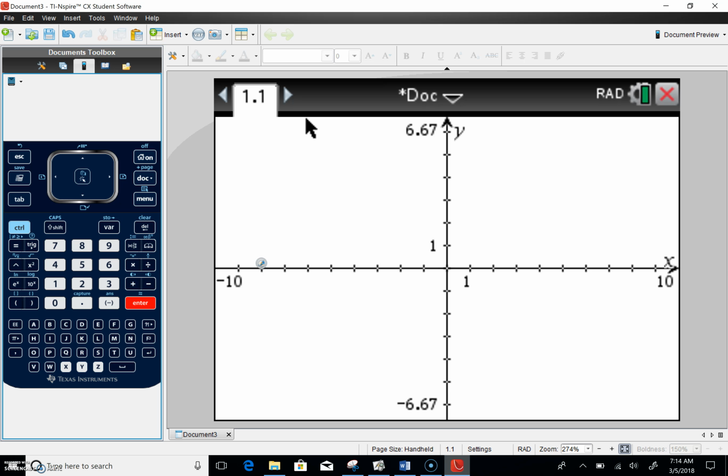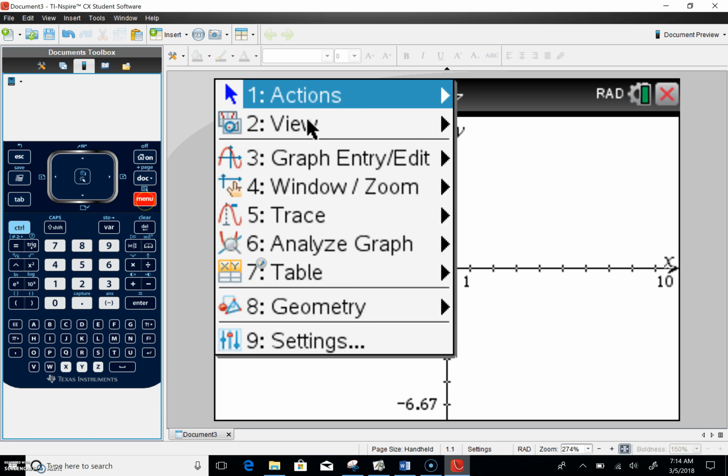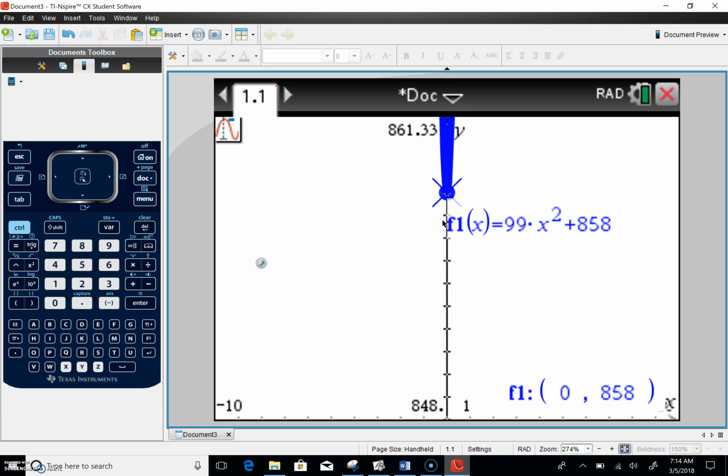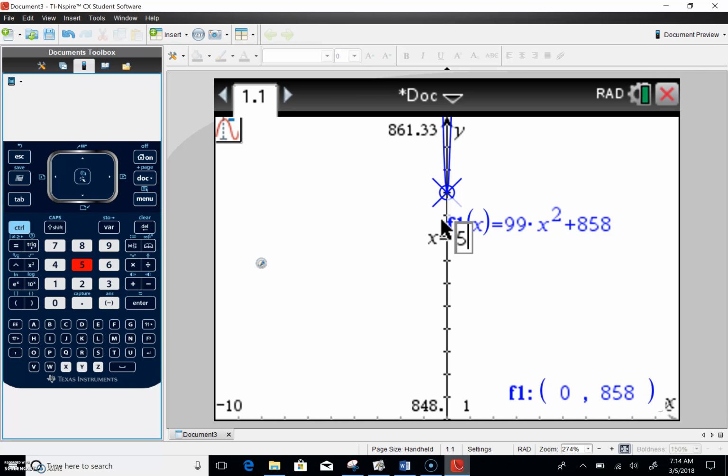Okay, you're not going to see the graph, but it's okay. We're going to just trace it. Menu, trace, graph trace. The first number is 5, enter.